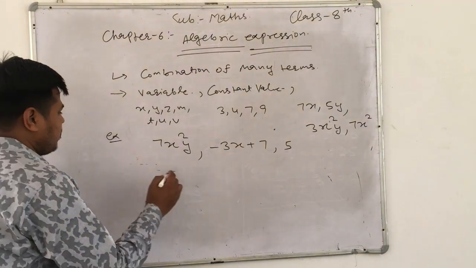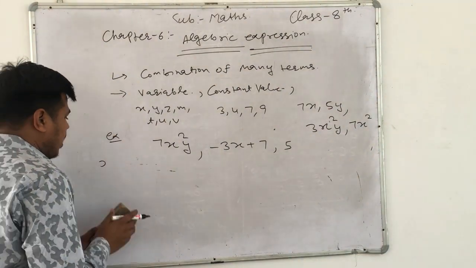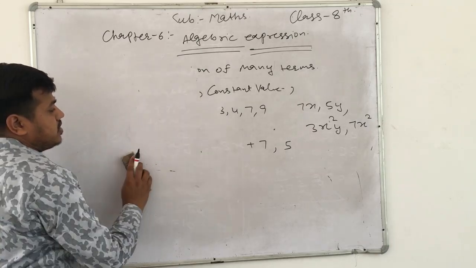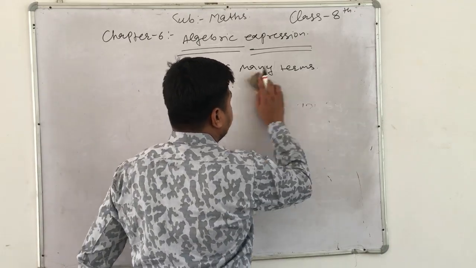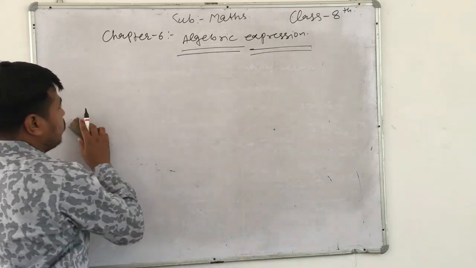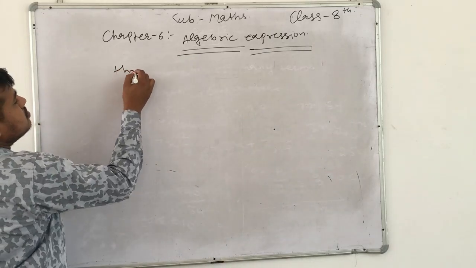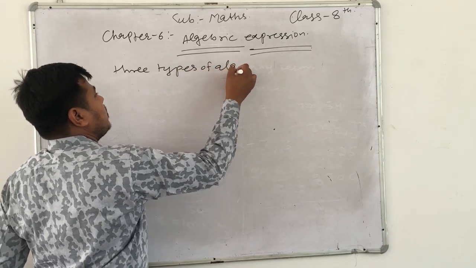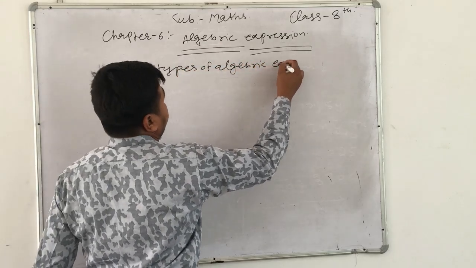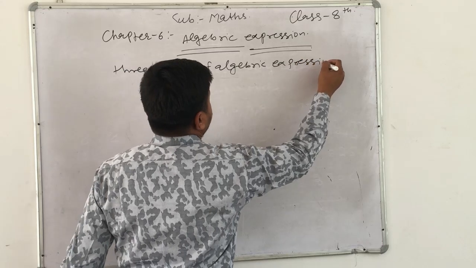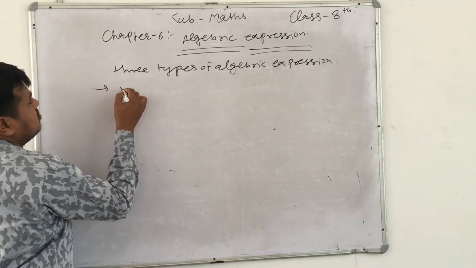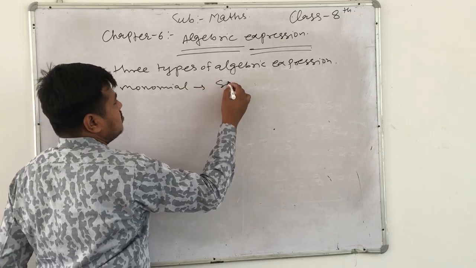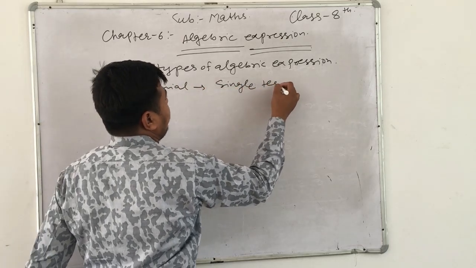So after that, there are three types of algebraic expression. First one is monomial. Monomial means a single term.